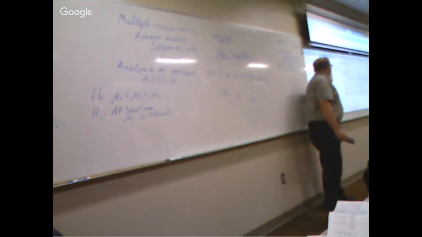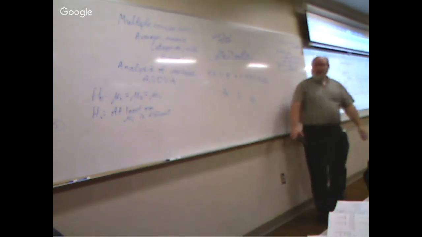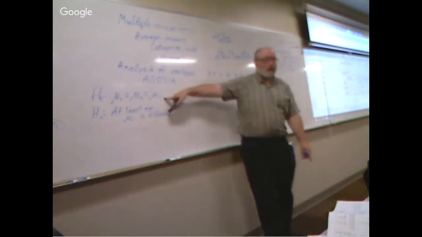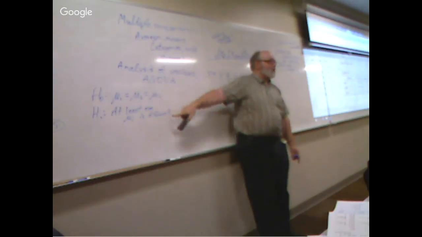Are there more expenses in area 1 compared to 2 or 3, or 2 compared to the other ones? I don't know yet. I'm trying to prove that there's some difference in the average for these numbers. That's this right here. Are they the same, or is there some difference? That's what I'm trying to prove.